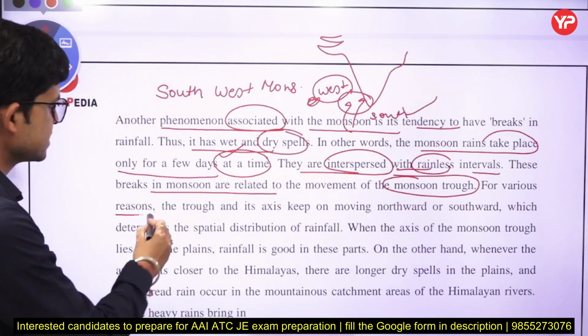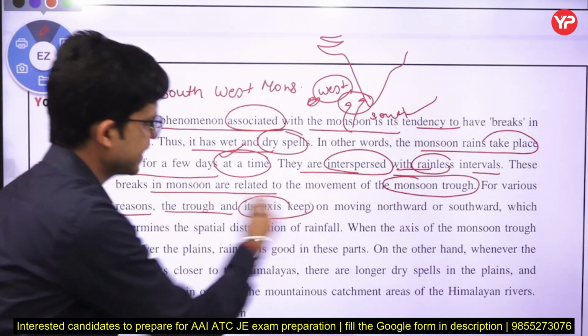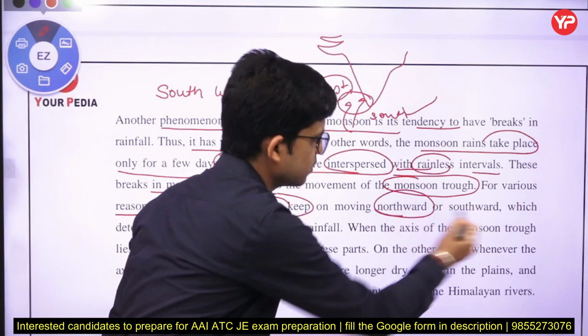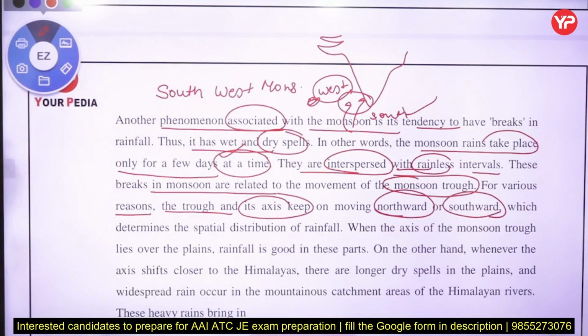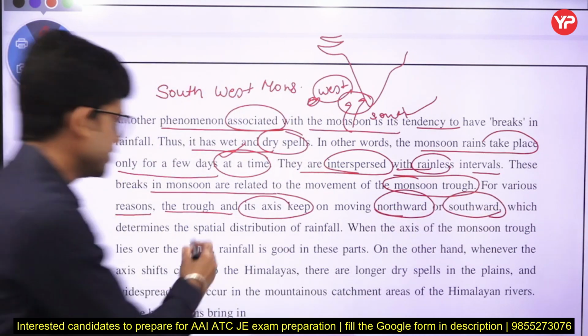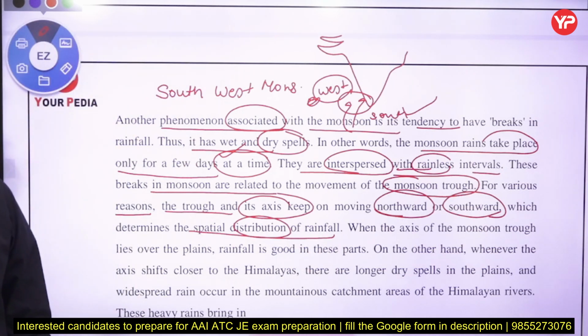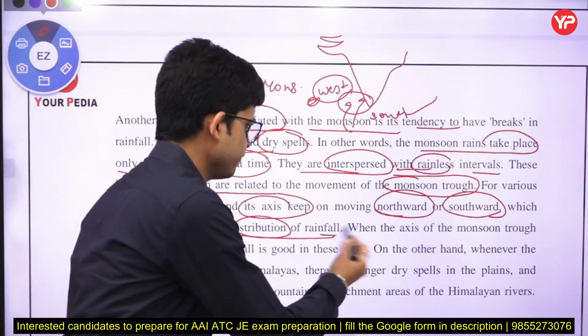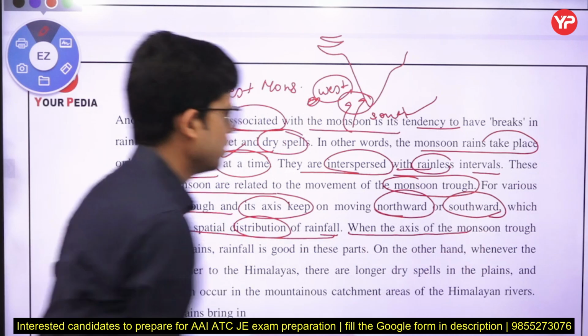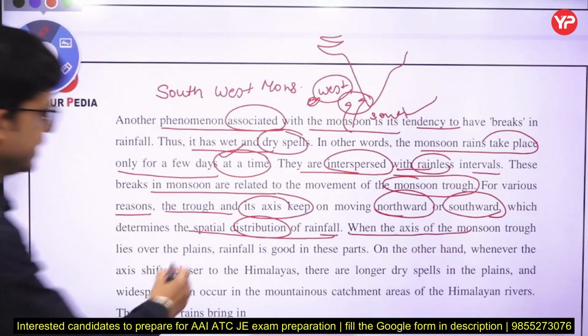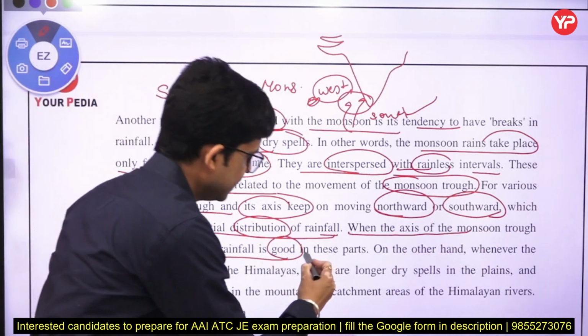For various reasons, the trough and its axis keep on moving northward or southward, which determines the spatial distribution of rainfall. When the axis of the monsoon trough lies over the plains, rainfall is good in these parts.